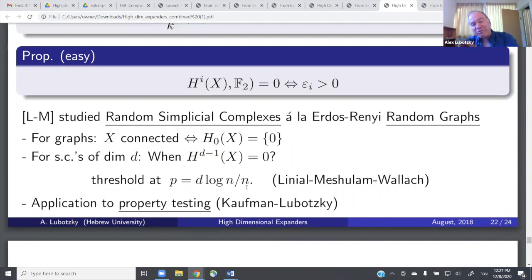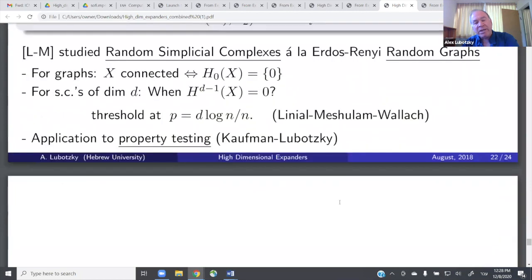You remember that the Erdos-Renyi theorem gives you that the threshold is at log n over n in dimension 1. They prove dimension D is exactly D log n over n. It's absolutely beautiful. And exactly in this language, this boundary expansion is the one that Tali Kaufman and I used for property testing.